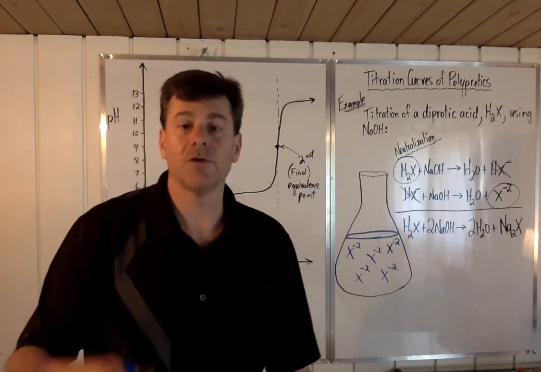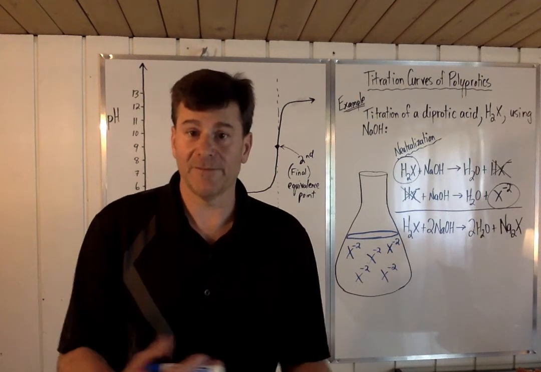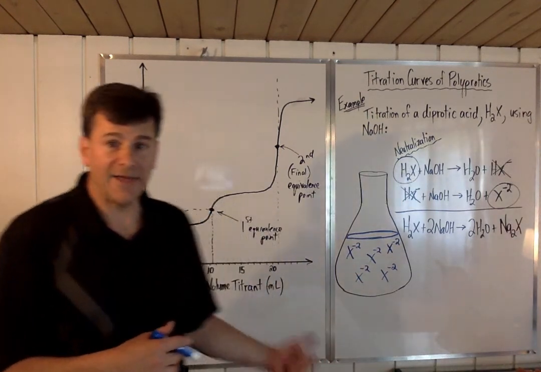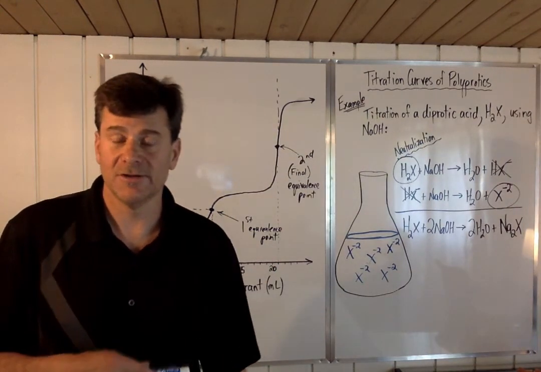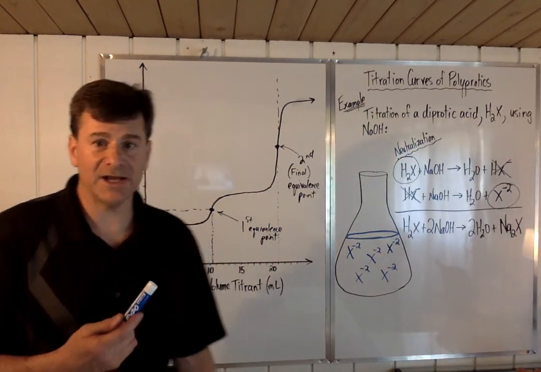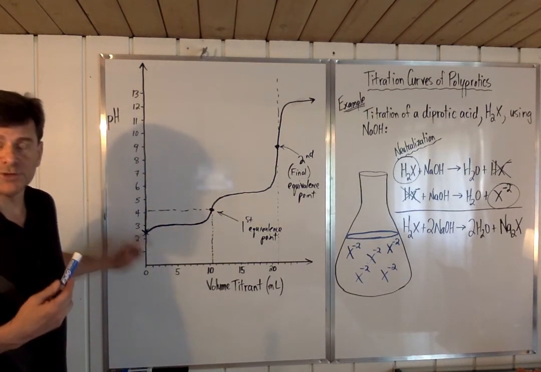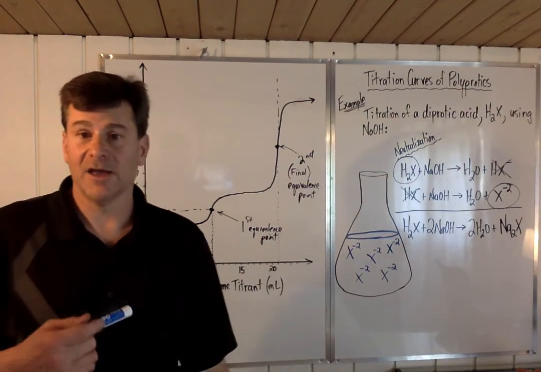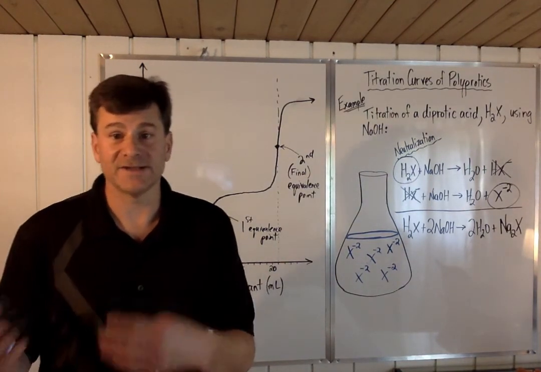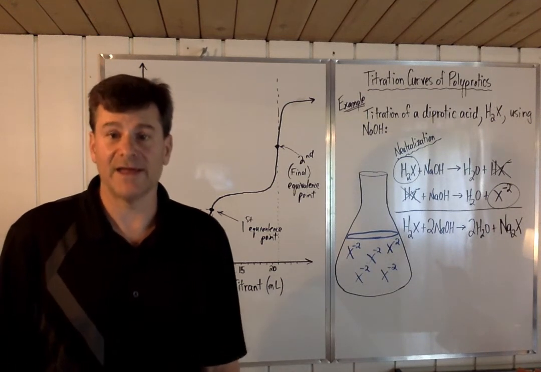We could figure out what the initial concentration of the H2X was from that neutralization equation and the data coming off of the curve. Once we know the initial concentration of the H2X, we also know what pH that thing was producing right off the bat. So we could calculate the Ka of H2X, knowing that it's diprotic. We would then have its Ka, and we'd be able to identify that thing.